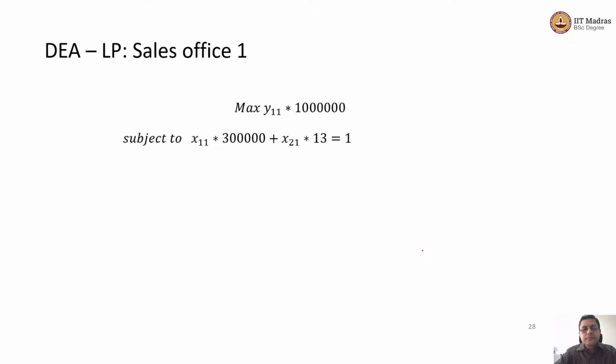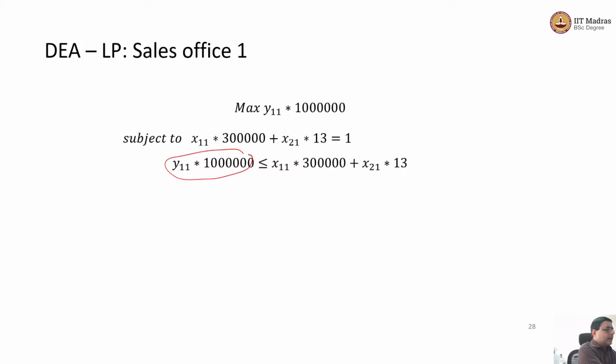Denominator is 1. And then the next set of constraints, E1 less than or equal to 1, will get translated to this linear equation, where this is the numerator, this is the denominator, and we have simply moved the denominator to the right hand side, and therefore we get a linear equation in terms of one Y and two X's, right?